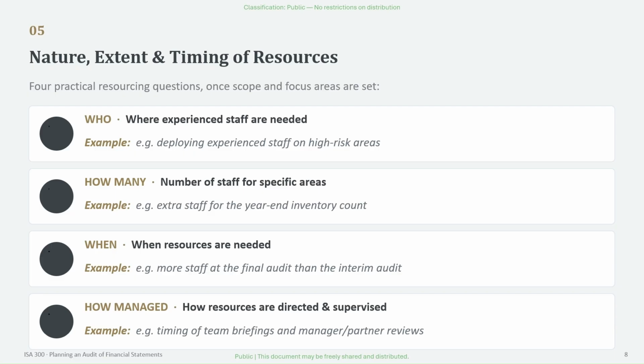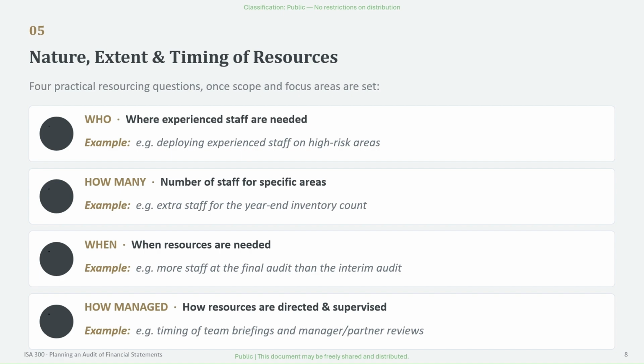Deciding on the nature, extent, and timing of resources really comes down to four practical questions. Who, where are the experienced staff needed? For example, the auditor would deploy their more experienced people on the high risk areas we just talked about. Then how many staff should be allocated to specific areas? For example, extra staff might be needed for attendance at the year-end inventory count. And then when are those resources actually needed?